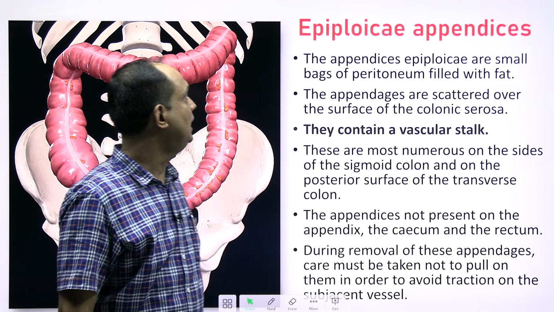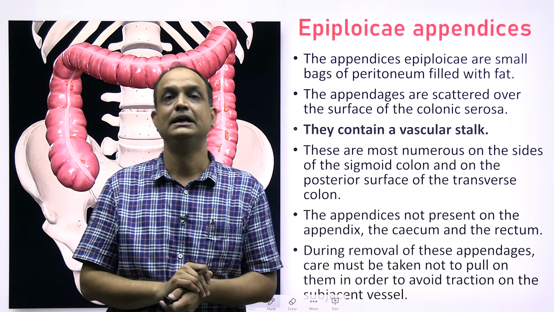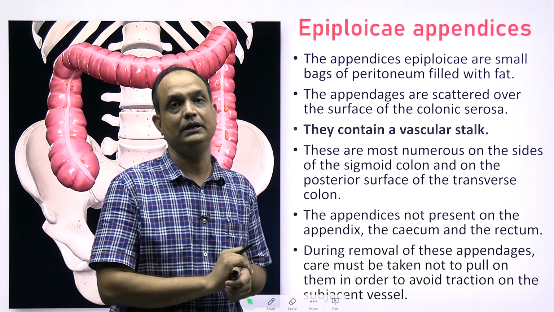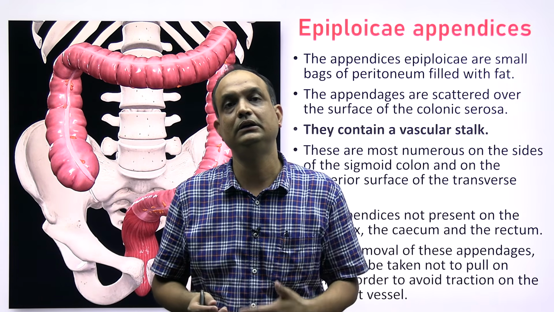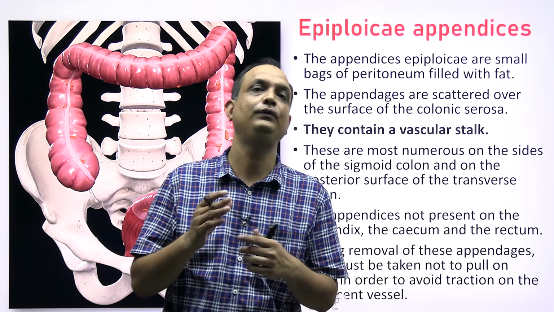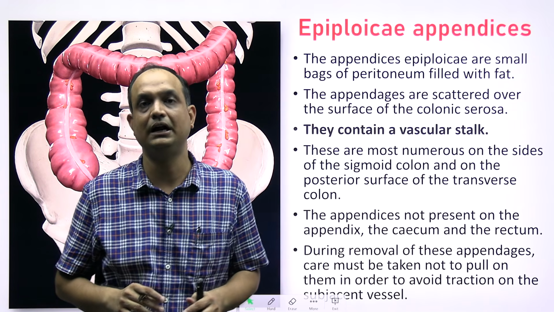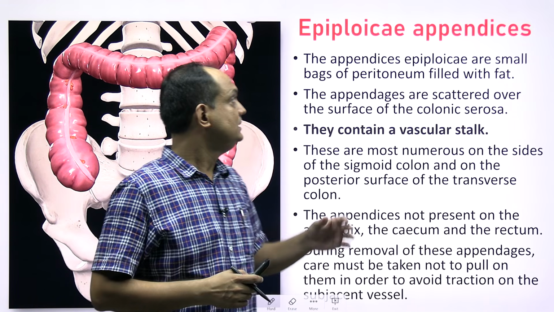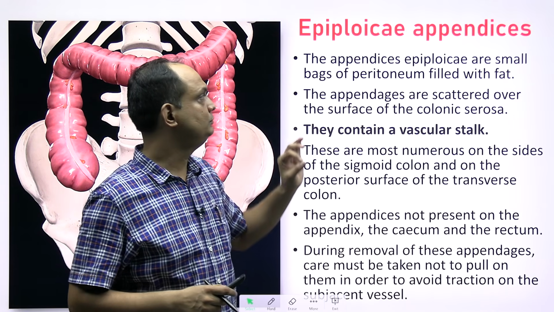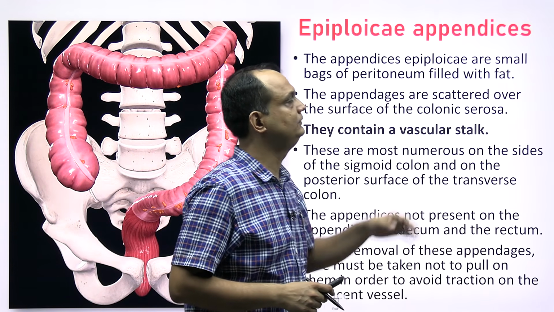Clear? Next is Appendices epiploicae. Appendices epiploicae is again a very important third characteristic feature of your large intestine. When you see the Appendices epiploicae, these are very small fat-filled bags of the peritoneum.